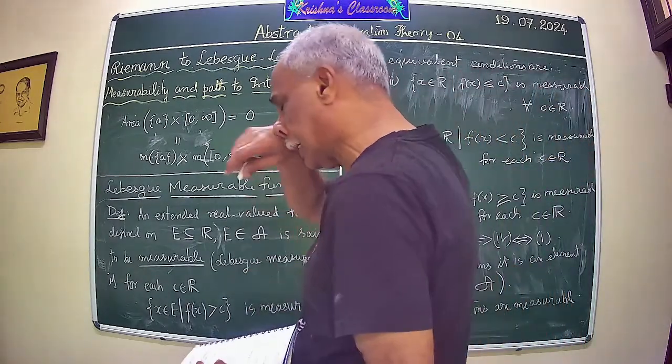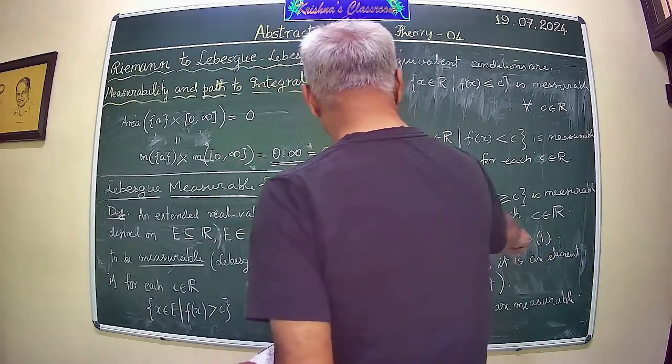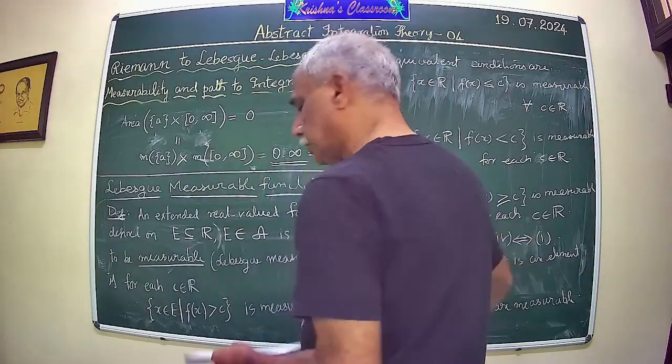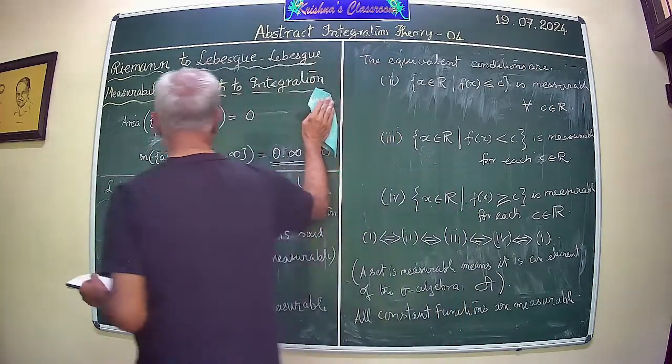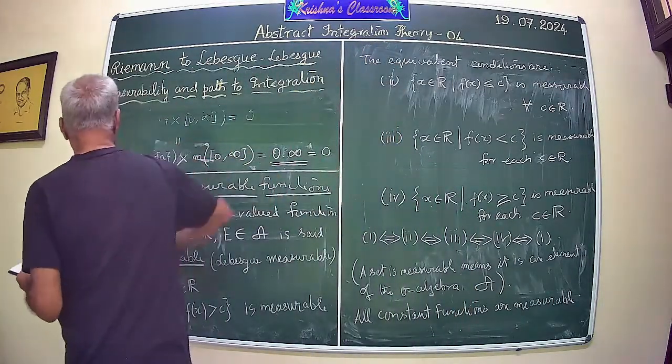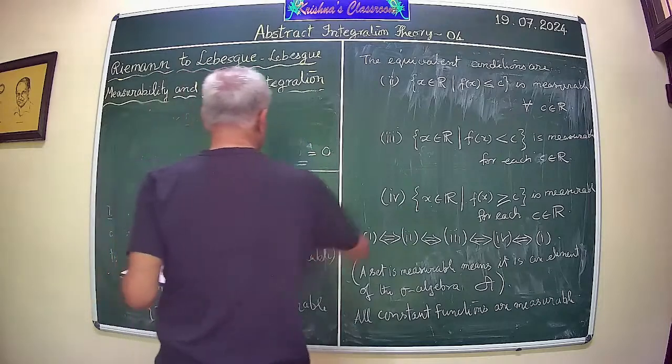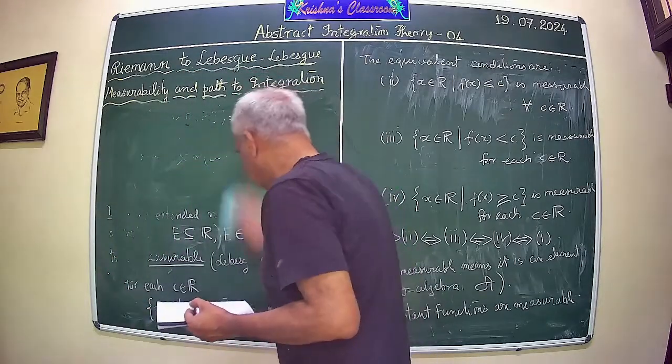Now you see, it's equally true that if f is measurable, then the inverse image of an open set is measurable.